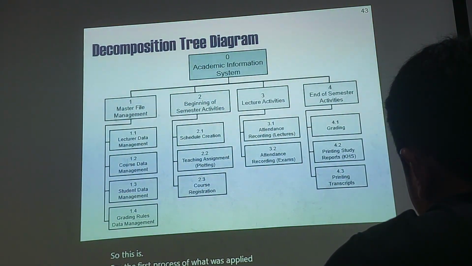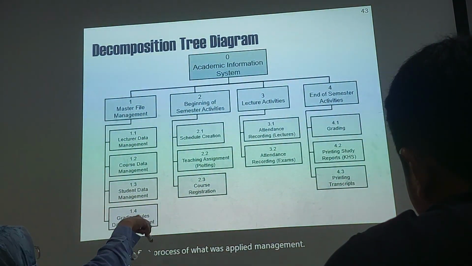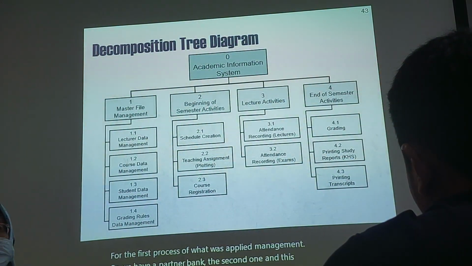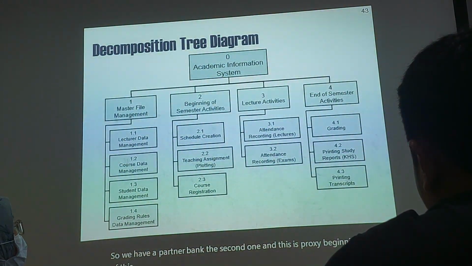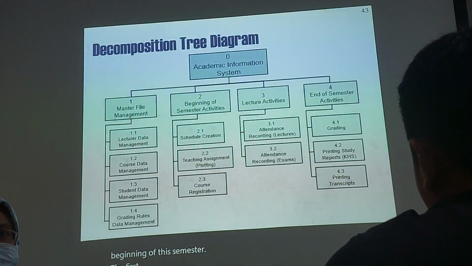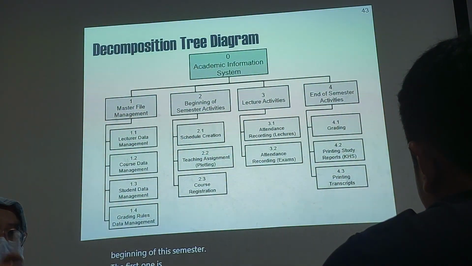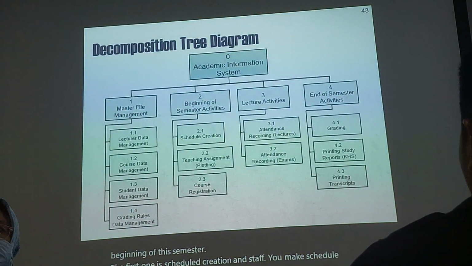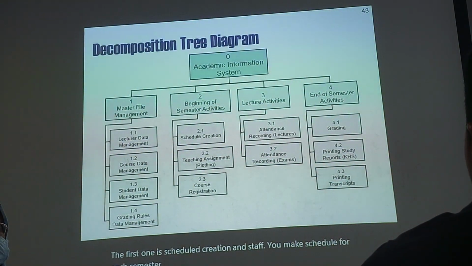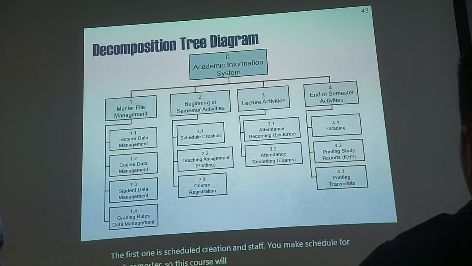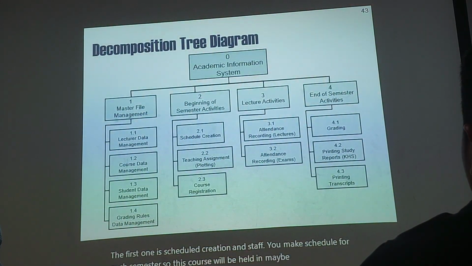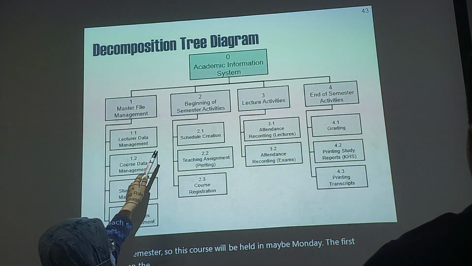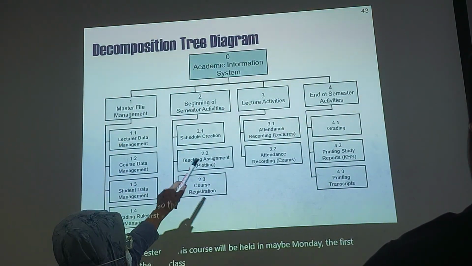So we have a permanent record. The second one is the process in the beginning of the semester activity. The first one is schedule creation. Staff will make the schedule for each semester. So this course will be held maybe on Monday, the first session, from 7:30 until 10.